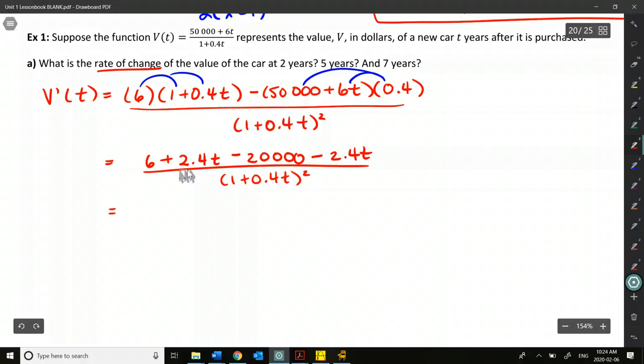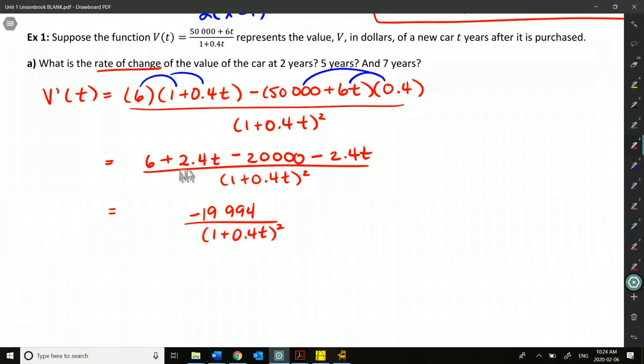Okay, so the 2.4 t's on top just cancel, and we're left with 19,994, or negative 19,994. So that would be our simplified derivative for V at t.